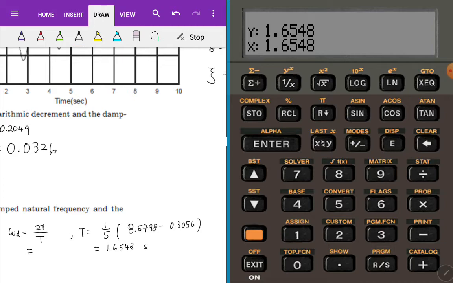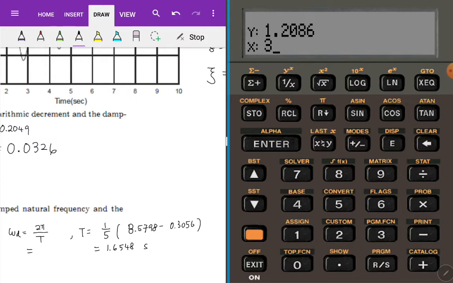Okay, enter. Okay, and then I'm going to divide that number by 2 pi and invert the whole thing. Or should I just go 1 over that? 1 over that. Okay, that's good enough. And enter. Okay, so I guess y means that you're just saving that number for some other operation. So what is that? Oh, that's 1 over t. And then you multiply by 2 times pi.